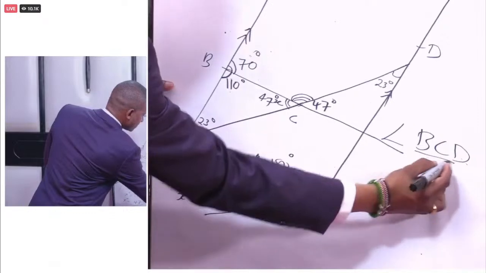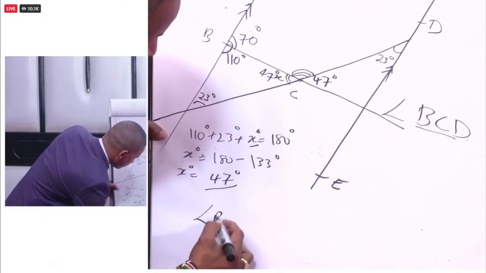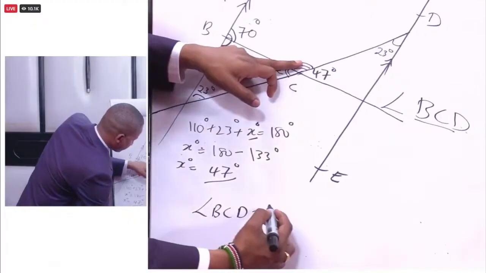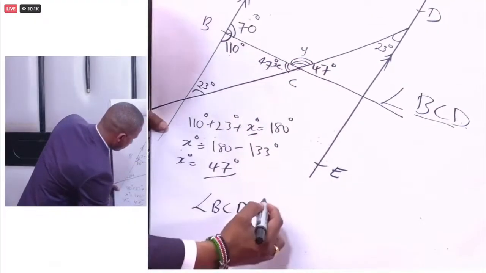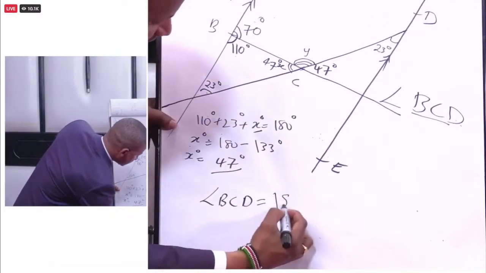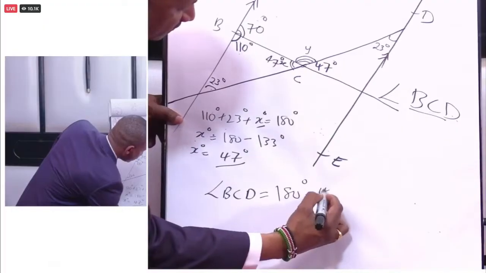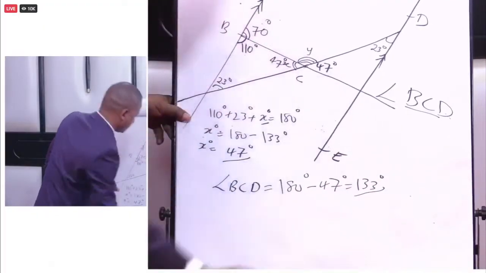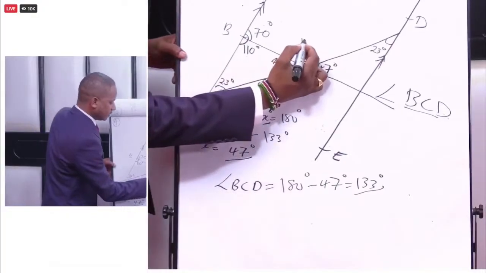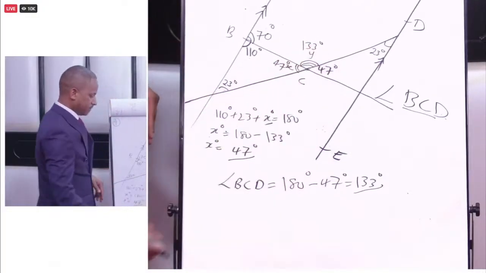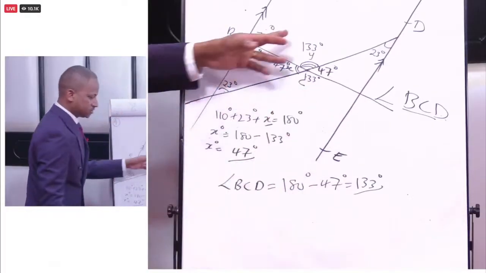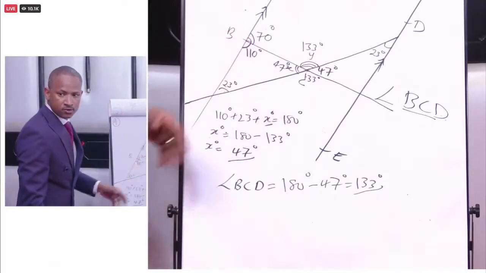So this angle, angle BCD, we call it Y, equals 180 degrees minus 47 degrees, which is 133 degrees. So this angle will be 133 degrees. And now this one also is 133 degrees. Reason is vertically opposite angles.